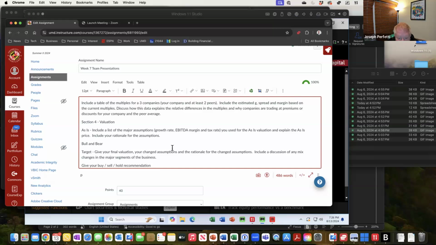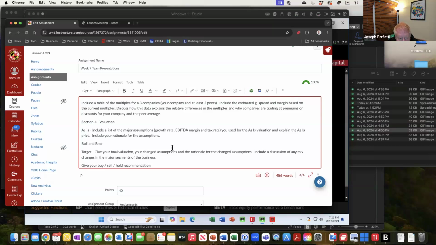And shortly, we're going to talk about the peers that you're going to choose. But basically, I'll give you the data for that. And then, as I said, similar to this assignment, you're going to estimate your G's and come up with an analysis of premium or discount of your company against the other 2 for PE, EV to EBIT, and EV to revenue.